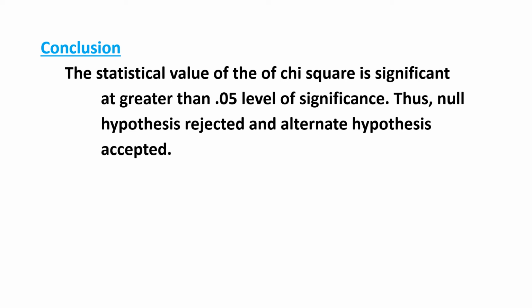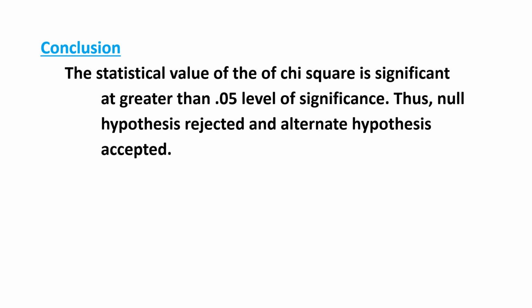That critical value was quite smaller than the value we calculated from this data set. That's why we reject the null hypothesis, and we write our conclusion that the statistical value of the chi-square is significant at the 0.05 level of significance. Thus, the null hypothesis is rejected and the alternate hypothesis accepted.